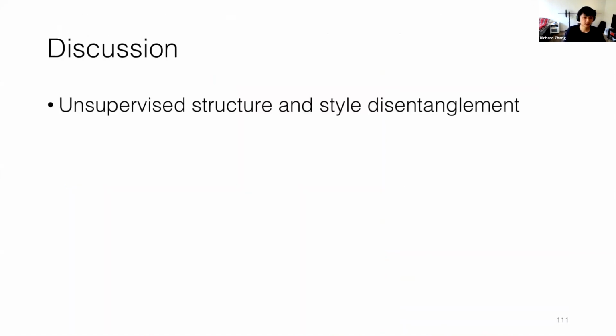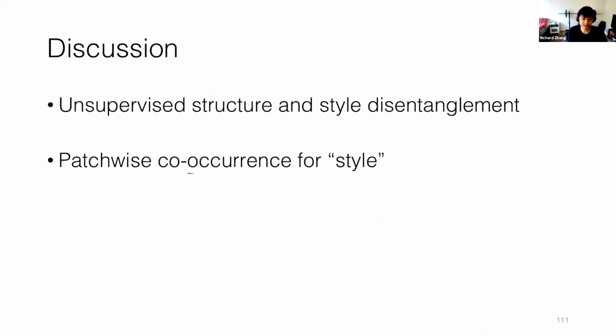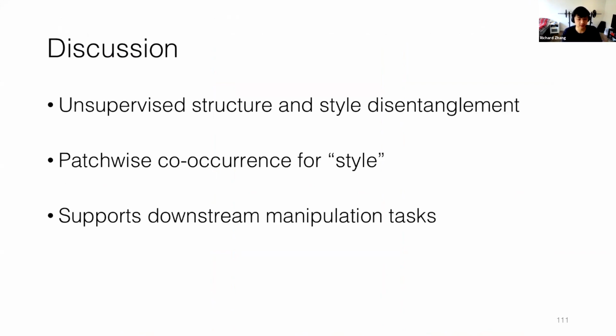Okay. So with this system, we're looking at doing unsupervised style and structure disentanglement. And really, we proposed this loss here, this patchwise co-occurrence discriminator, and it seems to correlate really well with what people would call style. It supports a whole bunch of downstream manipulation tasks that we explore with the UI. And one thing is that it's detectable because it uses a CNN.